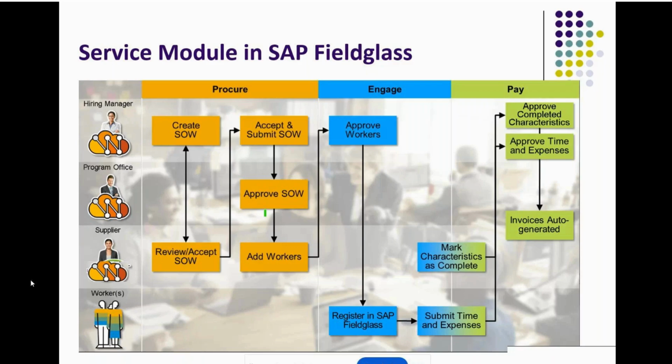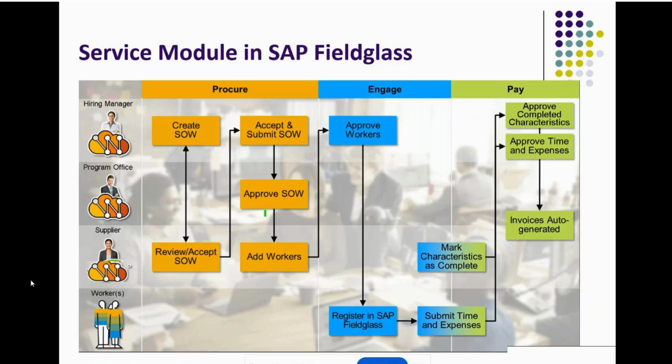This is the simplest process of the service model, divided into three parts as you can see clearly. First is procure, second is engage, and third is payment or pay. Procure is nothing but all the creation process and approval process specific to the SOW. Engage is nothing but engaging the workers to that SOW and submission of their expenses or timesheets.